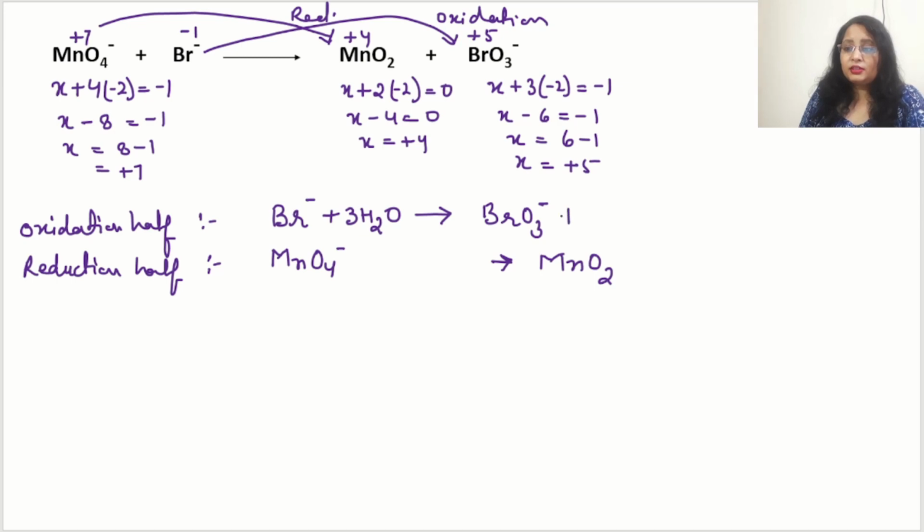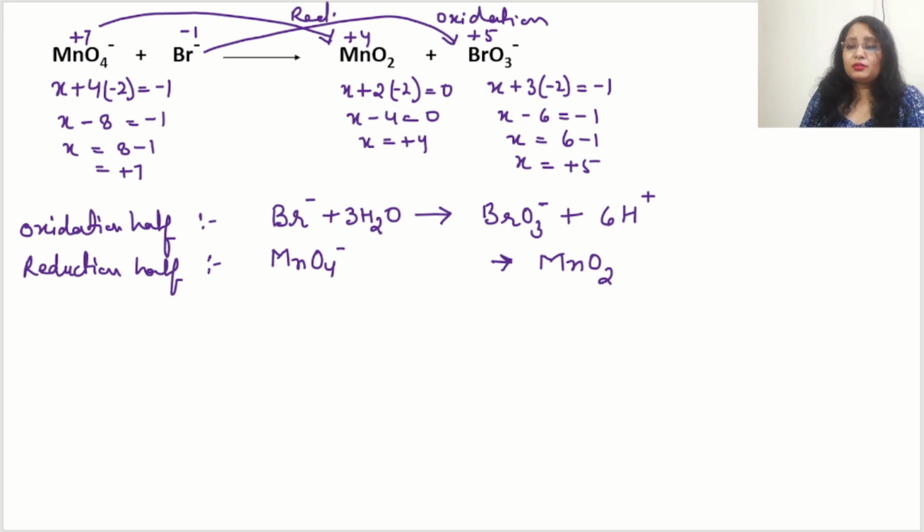Oxygen is balanced now, but again we have a headache for hydrogen. On the left hand side, 3 times 2, we can say hydrogen is 6. So we will add 6H plus to balance the hydrogen. This is the next step for balancing hydrogen. Now we can see bromine is 1, oxygen is 3 and hydrogen is 6, balanced. After that, we will balance the charge.